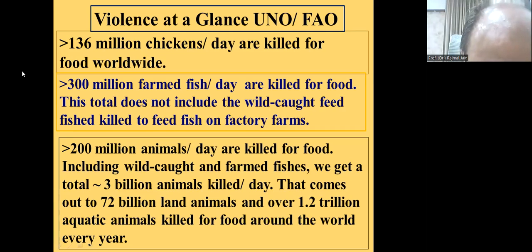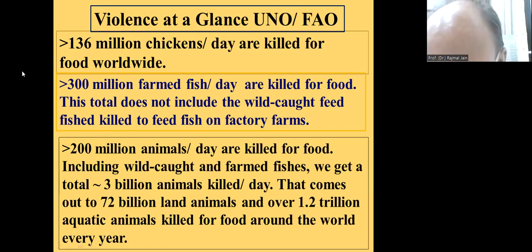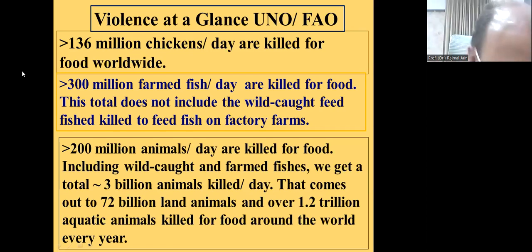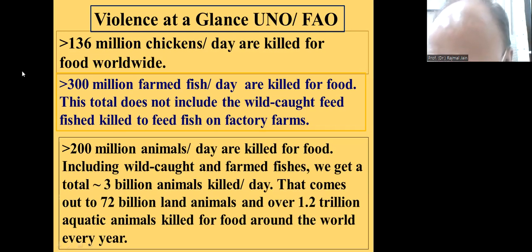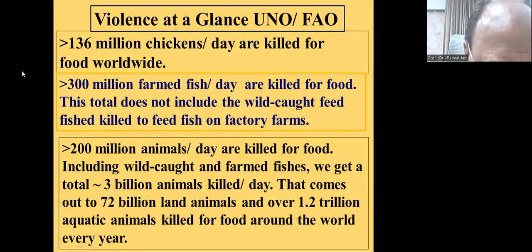And if you take over the whole year, then 1.2 trillion aquatic animals, that is fish and other things, are killed for their food worldwide every year. In 1 year's time, 1.2 trillion means 1.2 times 10 to the power how much? Billion is 10 to the power 9, trillion is 10 to the power 12. That much.